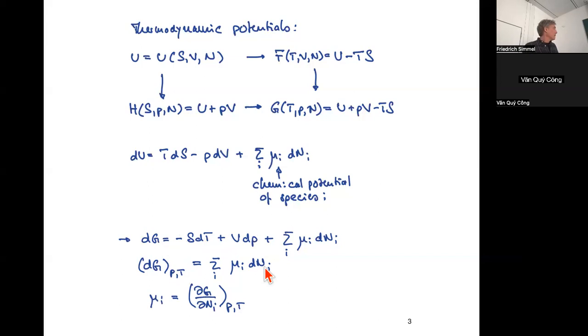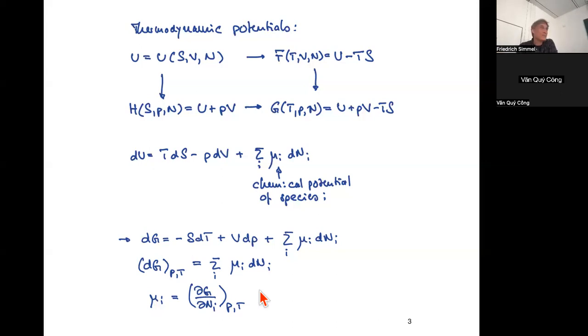That means that in a chemical reaction, what essentially changes your free energy is a change of particle numbers. And you can see that these chemical potentials are related to the free energy via this expression. It's essentially the partial derivatives of the free energy with respect to the particle numbers at constant P and T.